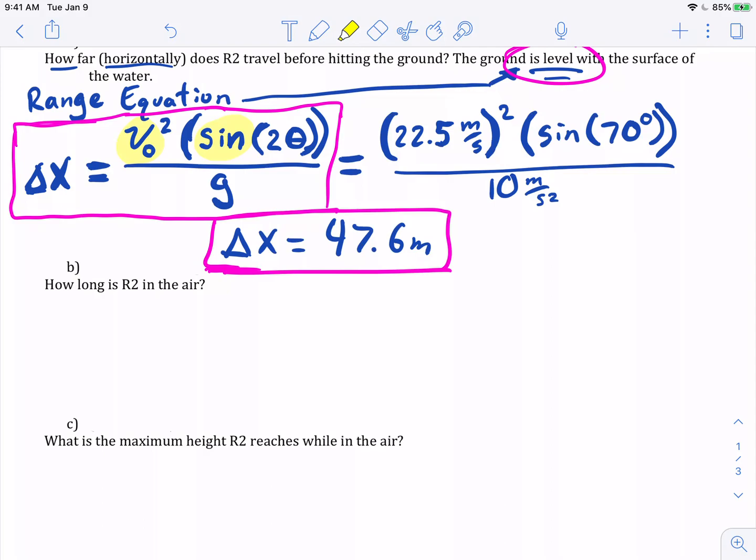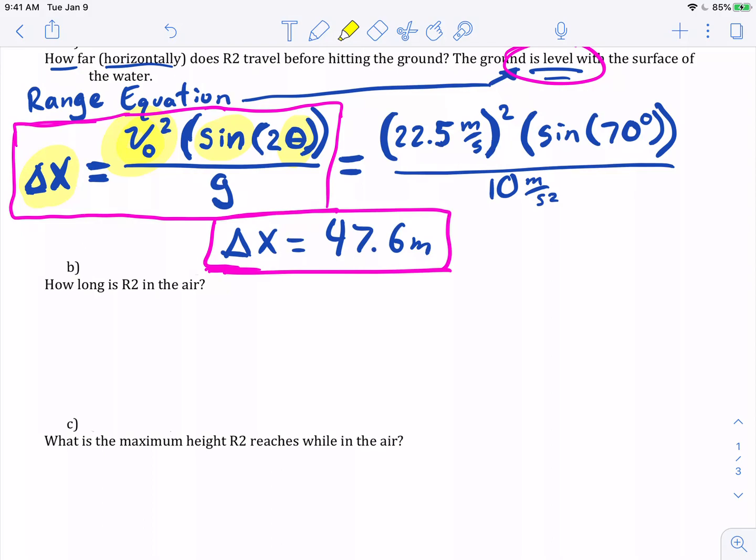It's very important, especially in physics, to understand the difference between a direct relationship and an inverse relationship. Just to review that: what is directly influencing the range of our projectile R2-D2? How fast R2-D2 was fired out of the monster's mouth, and the angle at which R2-D2 is fired.